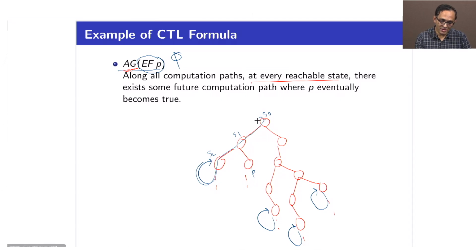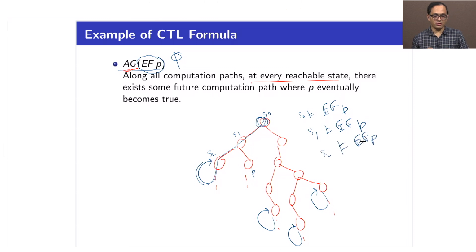Now, EF P should hold for this state, S0 should satisfy this, then S1 should satisfy EF P, S2 should also satisfy EF P, right. This has to hold. What does it mean? EF P means there exists a path in the future where P holds. Now, for S0, I found this path where P holds. From here there are two paths, in one path P holds. What about S1?